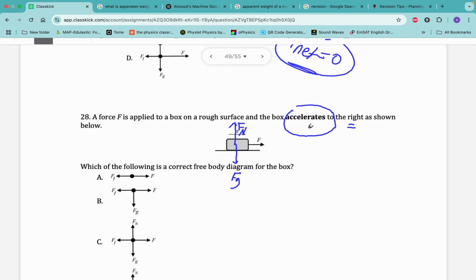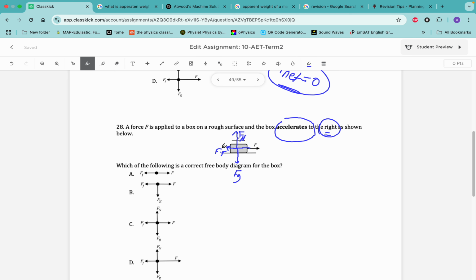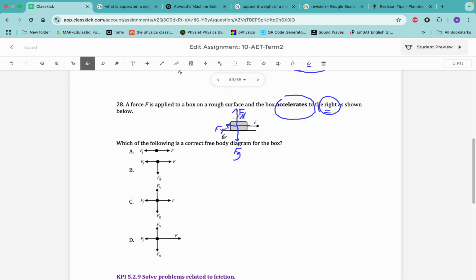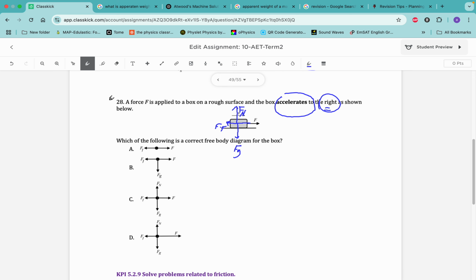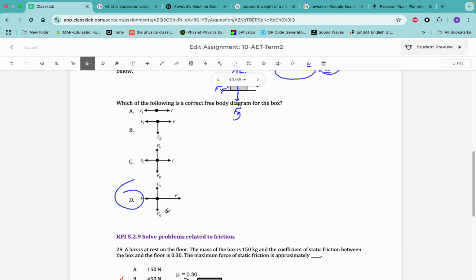The box is accelerating to the right, so the applied force has to be longer than the friction force. So the correct option that describes the situation here is D.